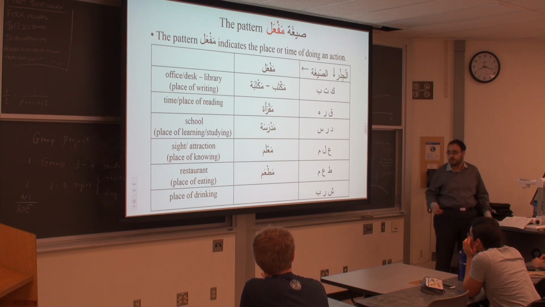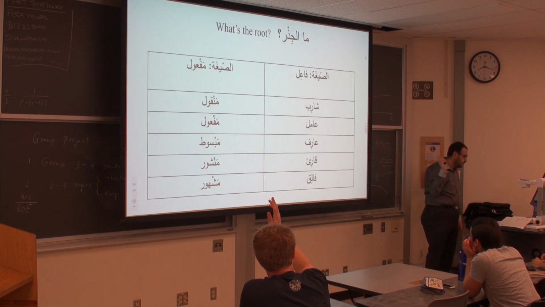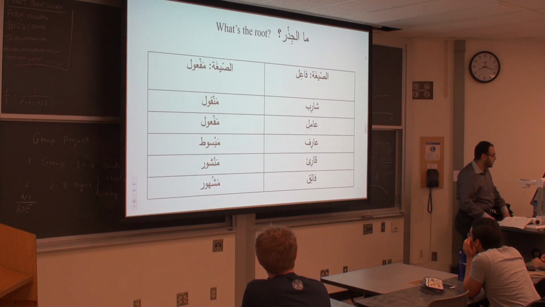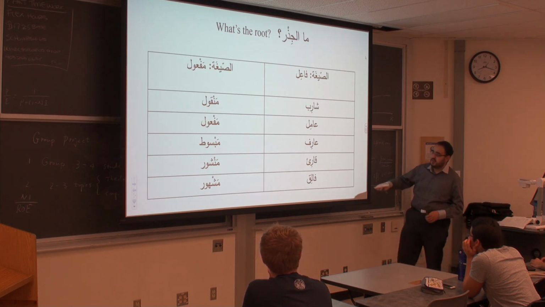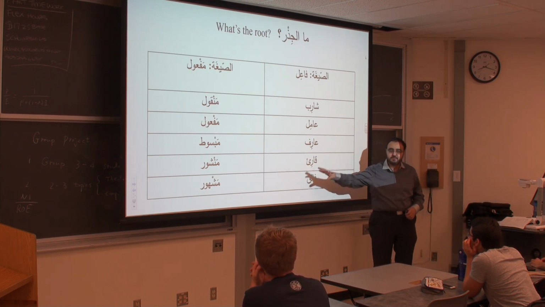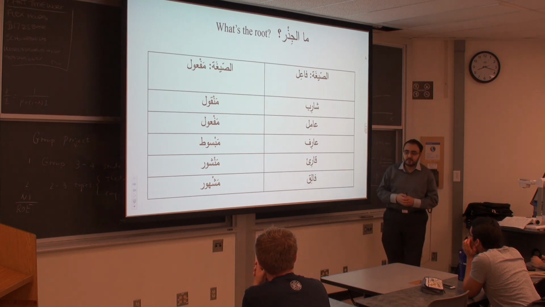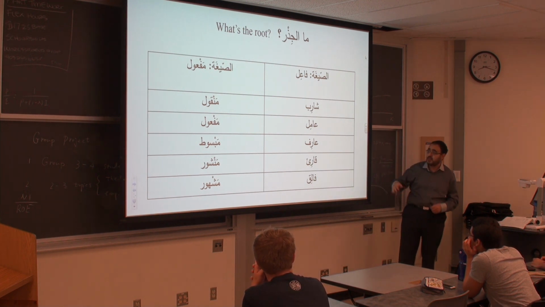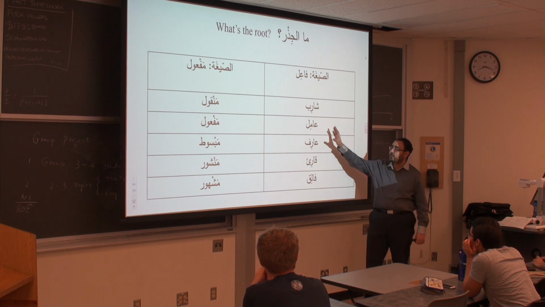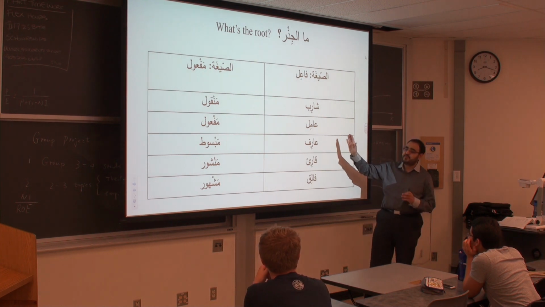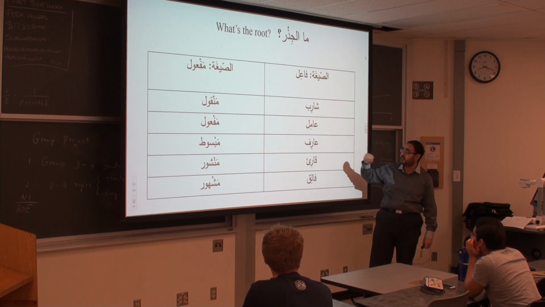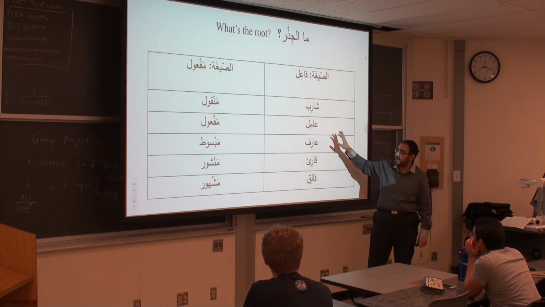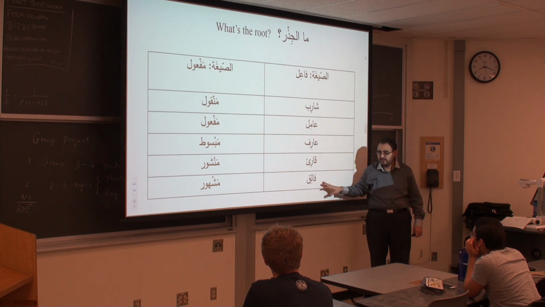Mashrab will be mashrab, okay. And again, same procedure. So this is the first activity that we did yesterday. In these cases, this is an easy example of how to get out the root. The word is just following the pattern without any prefixes or suffixes. So شارب, عامل, عارف, قارئ, فالق.